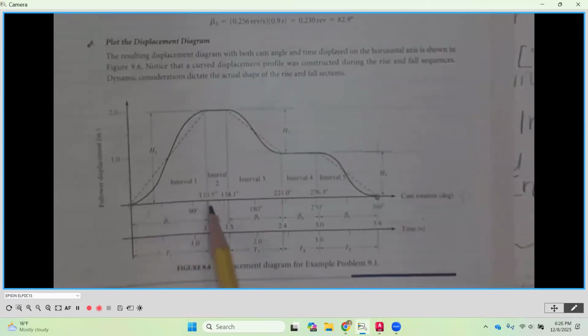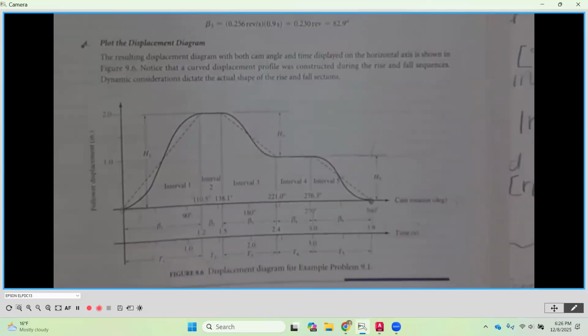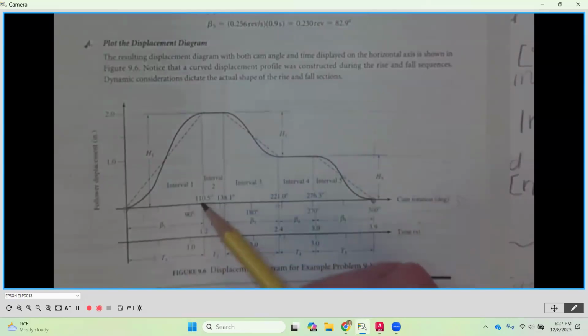So you're going to notice that it goes just beyond the 90, and they're calling it out here at 110.5 degrees, okay? That's where beta 1 goes to. That is the rise of 2 inches in 1.2 seconds. And that takes 110.5 degrees of cam rotation.